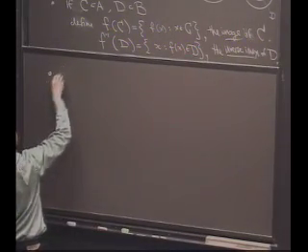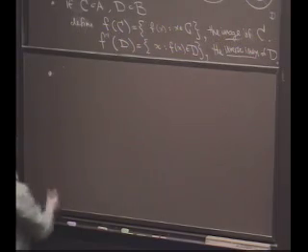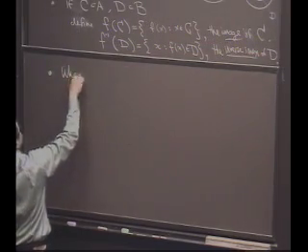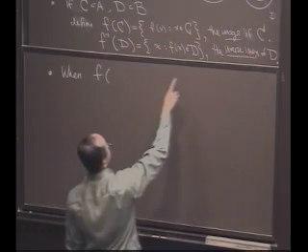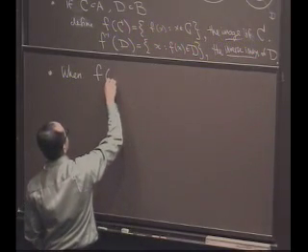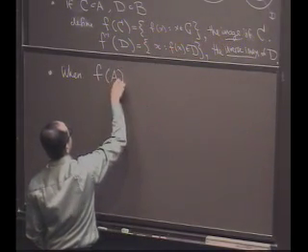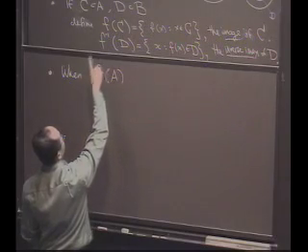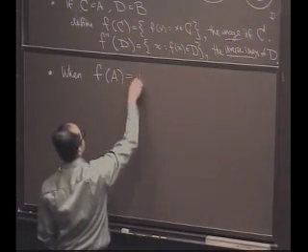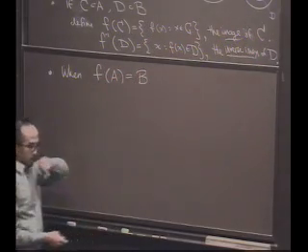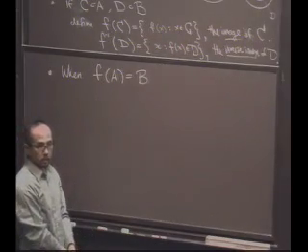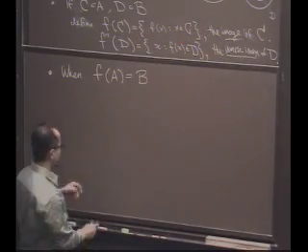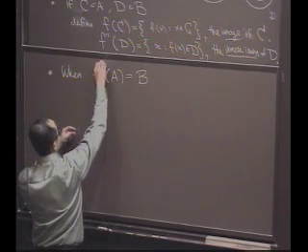There's a very special situation: suppose when F of A, if you take the image of all of A, it hits all of B. This is a situation where the codomain is the range of this function. The range is F of A. So this is the range.